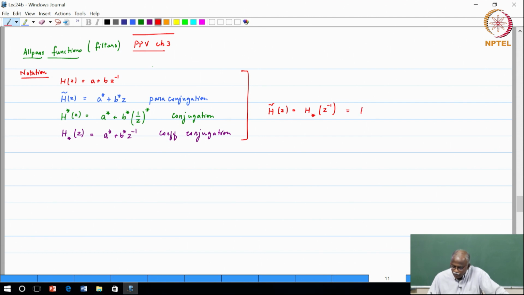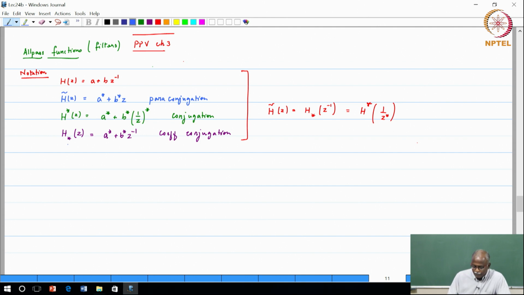Or, if you do the traditional conjugation where everything gets conjugated, you will end up with 1 over Z star, which you do not want, so replace Z with 1 over Z star. Basically 1 over Z will become Z, and Z star will become Z itself, so you will get what you are looking for. So, there are 2 ways of expressing it. Again, this is just to make sure that you are comfortable with the notation we have introduced.